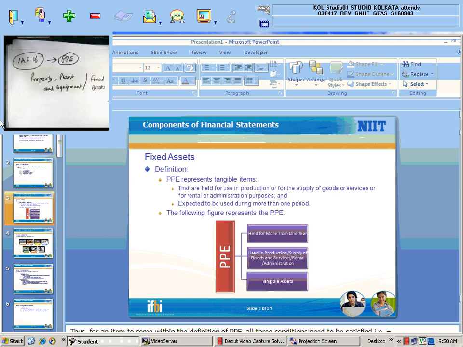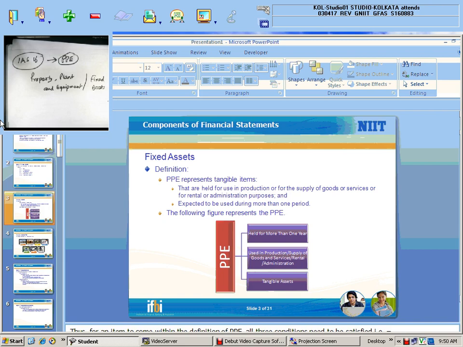They are not the kind of tangible items which are going to be used up in less than 12 months' time. One accounting period is normally a 12 month period. So they are expected to be used during more than one accounting period. That is the second criterion, and it is very, very important.